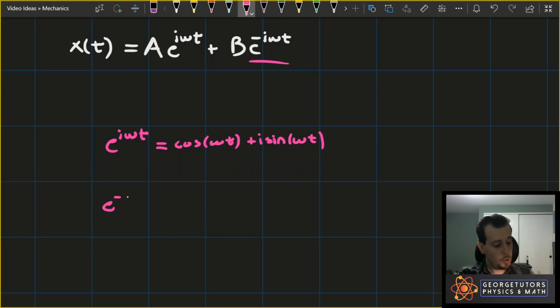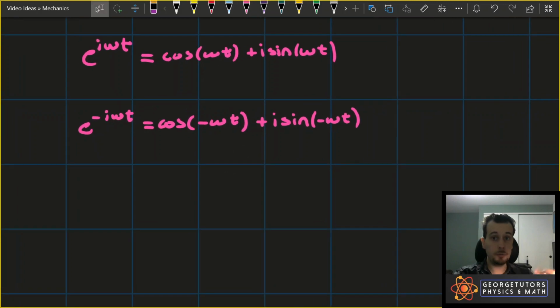Well, all we have to do when we have that negative there is change the arguments of the cosines and sines to a negative as well. So I'm making that substitution right now. Then we can abuse the nature of cosine and sine functions. Namely, cosine is even, which means it doesn't care that you changed the sign of the interior.